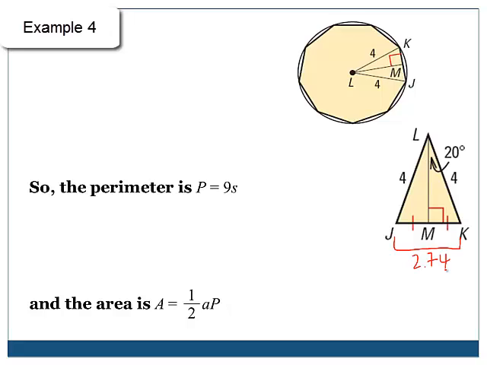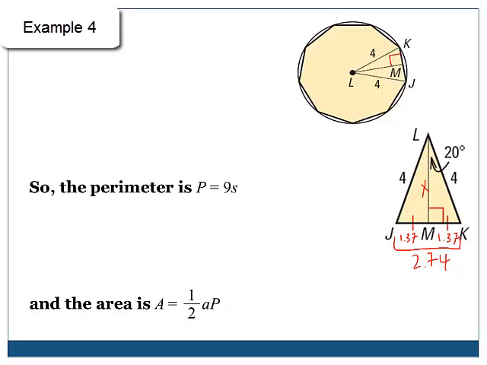Here is the blown up triangle that we have, and I found the leg was 2.74. I also have to find the length of the apothem, which I don't know here. There's a couple different ways I can do that. I can do it by SOHCAHTOA. I could also do it by Pythagorean theorem, because I know that this is 1.37 and this is 1.37.